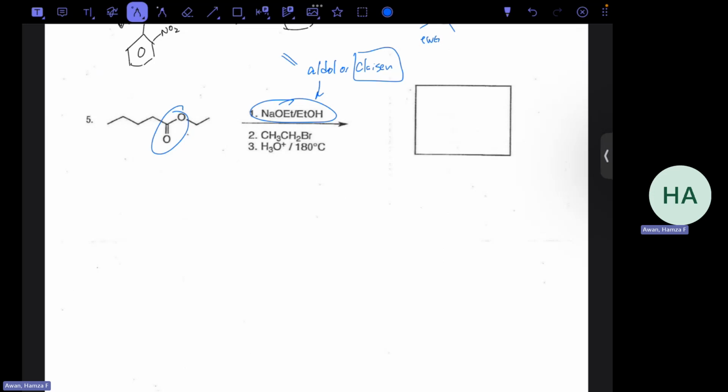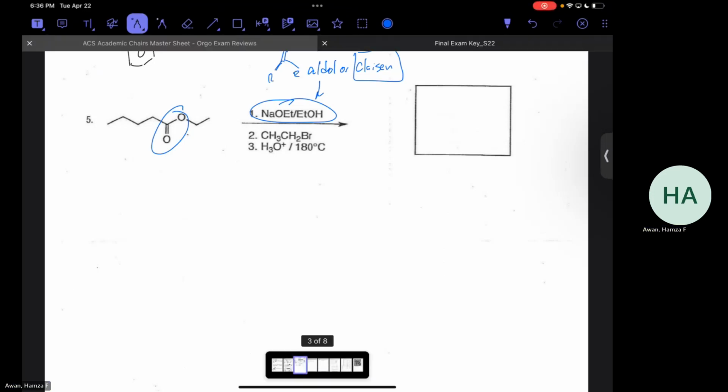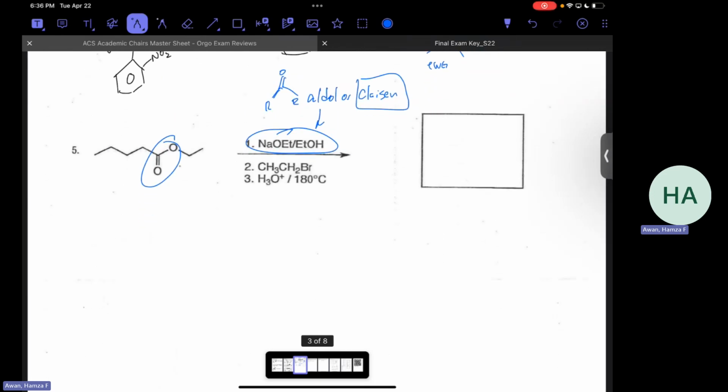If it's a ketone like this, then it's going to be aldol. But in this case, we have Claisen. Okay, so our first step in Claisen is to deprotonate the alpha hydrogen. So we have this.